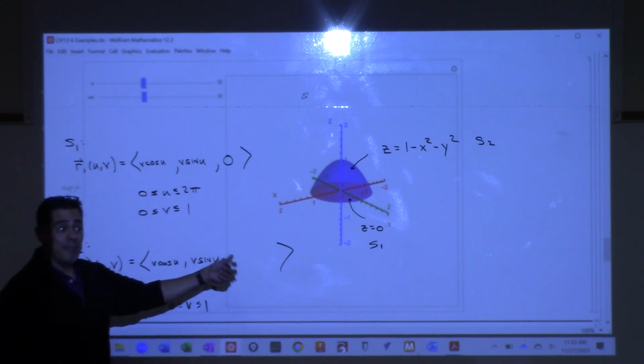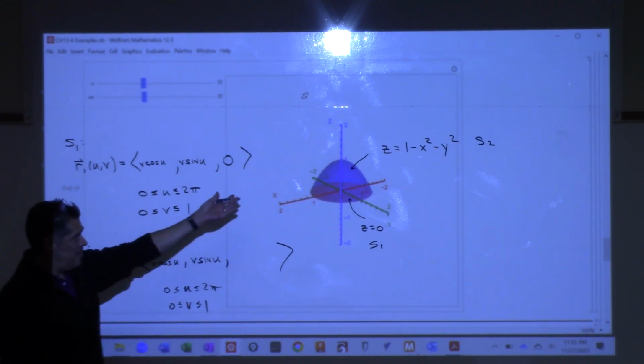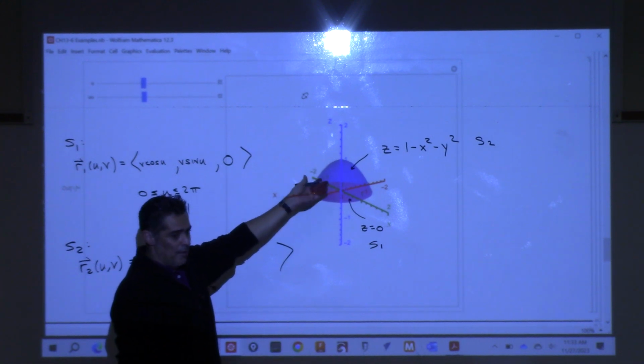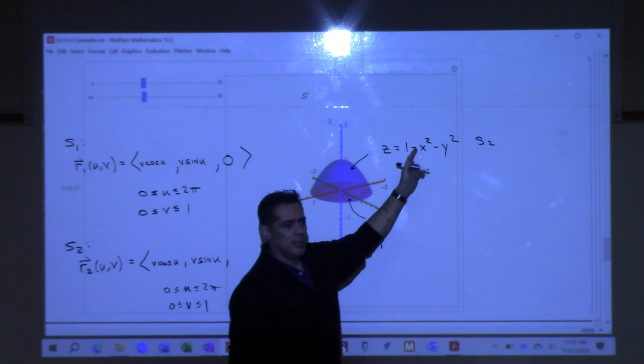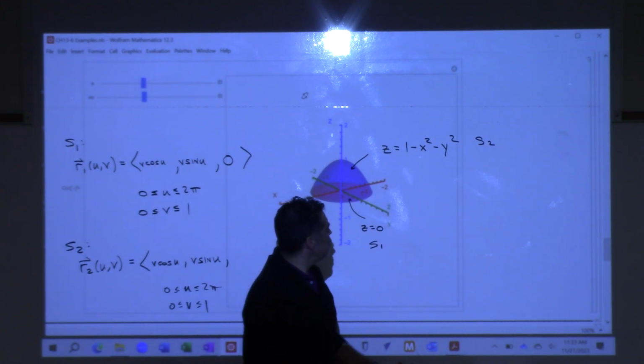So the only thing that can be is what? Yeah, the Z equation, right? Solve for Z, which it already is, but replacing your X and Y. Let me do that over here.